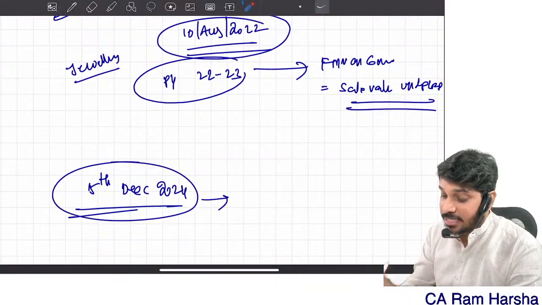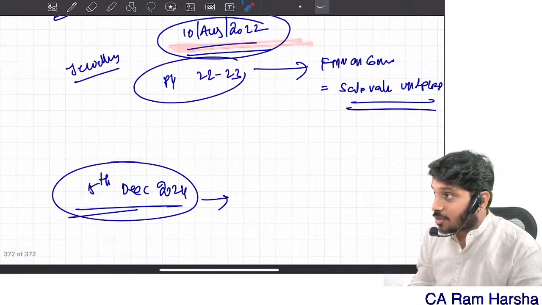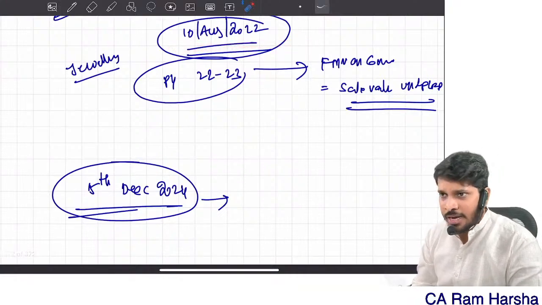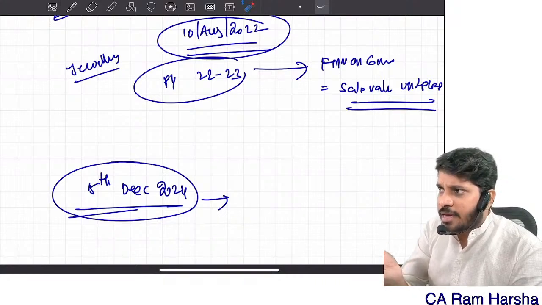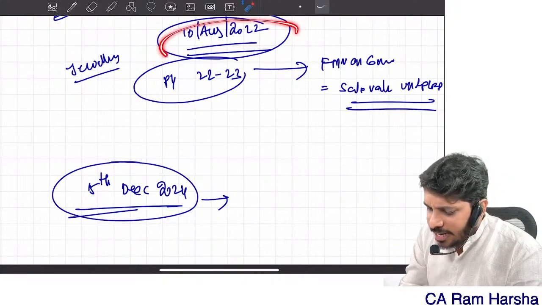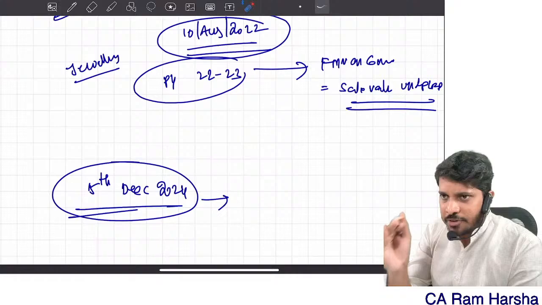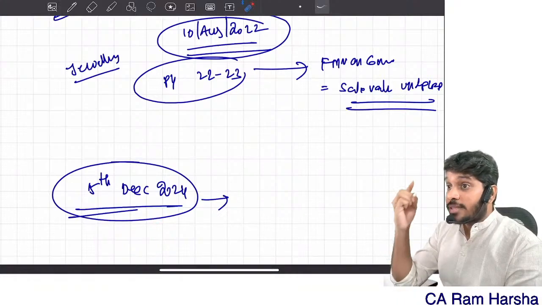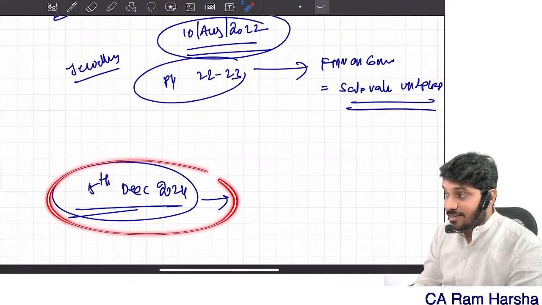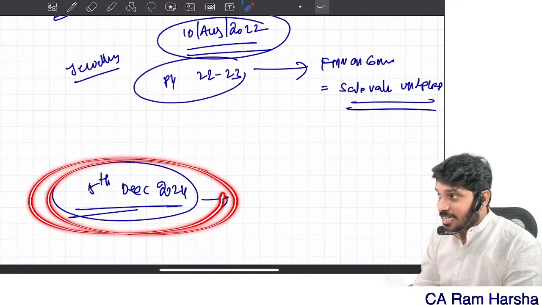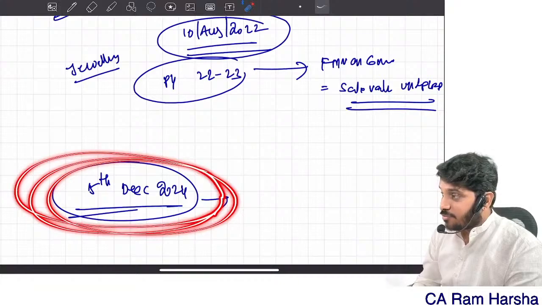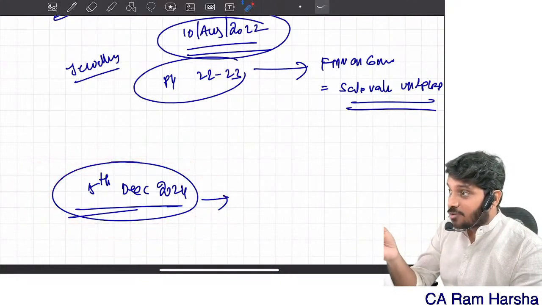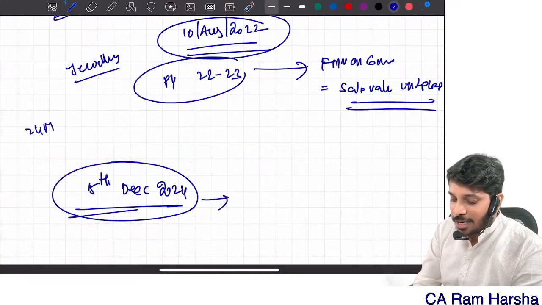Holding period shall be considered from the date of conversion, because the jewelry became a capital asset for the first time only on 10th August 2022. From 10th August 2022 till 5th December 2024, the gap is more than 24 months. The capital asset is sold on or after 23rd July, so the criterion is 24 months.